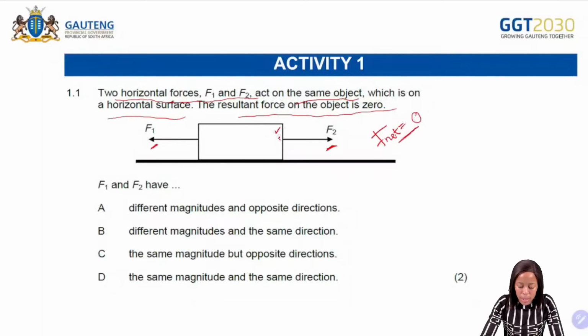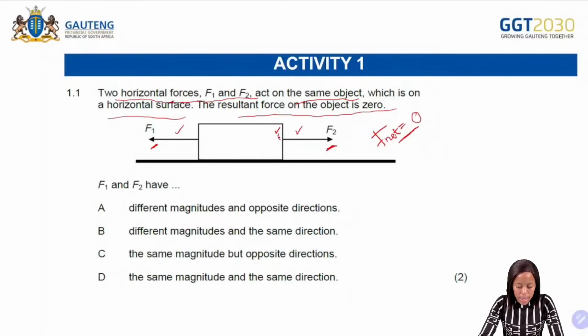And when it is at rest, then we have balanced forces, okay? So if we have balanced forces, it therefore means that these 2 forces must be equal in magnitude, okay?